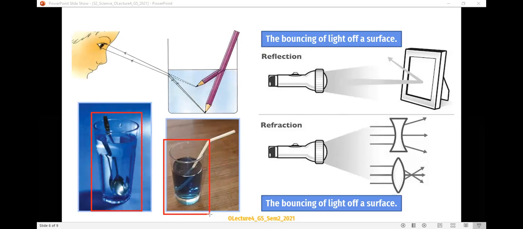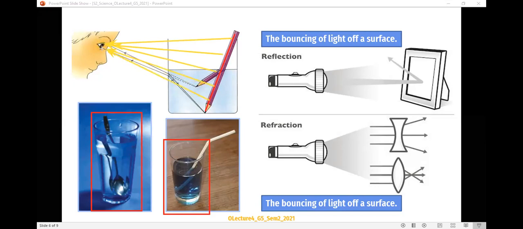So they asked themselves, what's happening? That's what happens. We see things when they reflect light to our eyes. So this is a pencil, okay? In order to see the pencil, it reflects light to our eyes so we can see it.